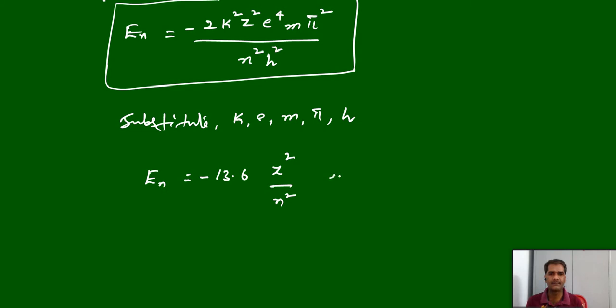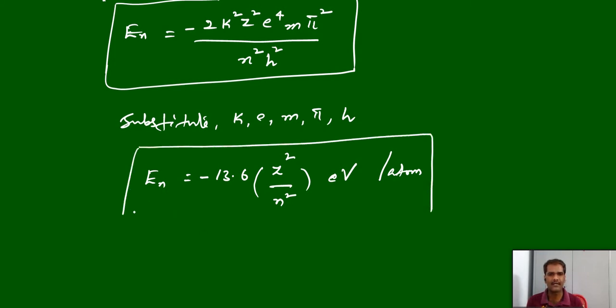Your unit is in terms of electron volt per atom. And this is very, very important. In terms of unit also you should remember. So the final numerical value is minus 13.6 into Z square by n square. This is the energy of an electron per one atom.